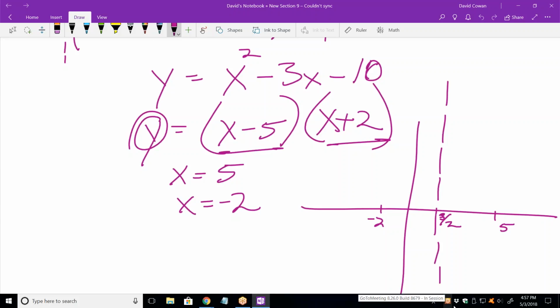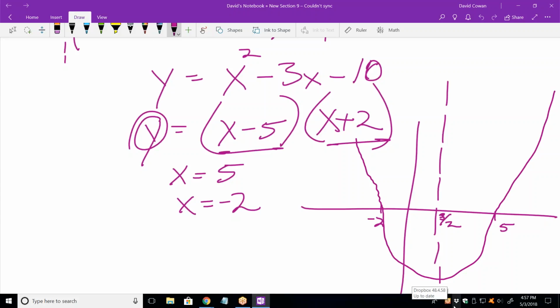So I know this much. The only thing I don't know that's important is what the y-coordinate of the vertex is. How do I figure it out? I forgot.